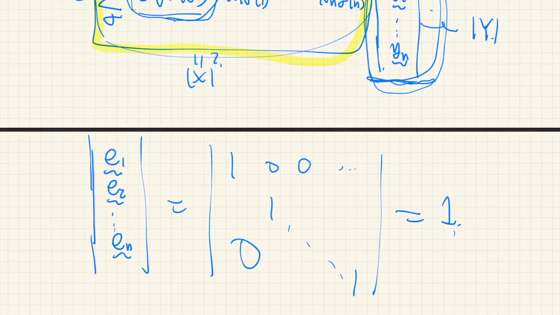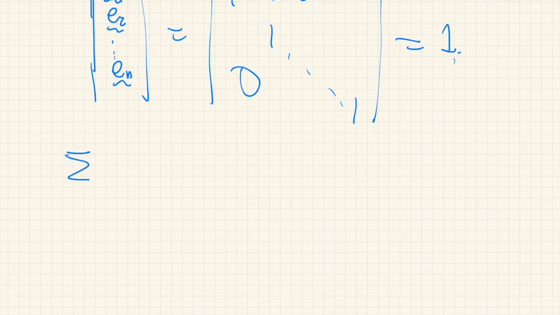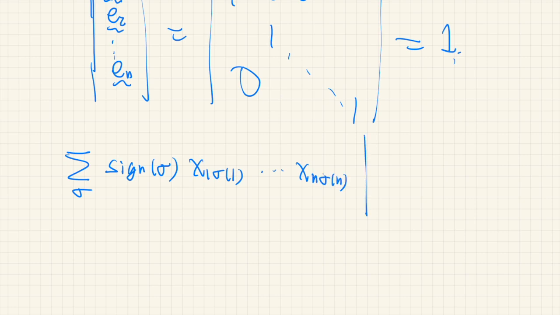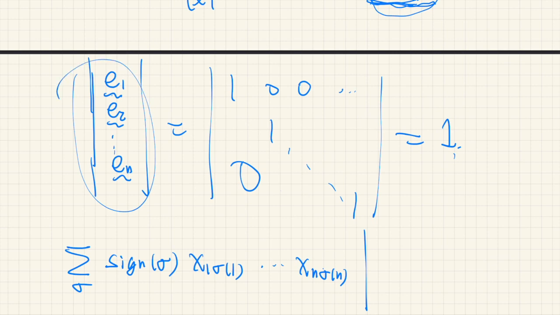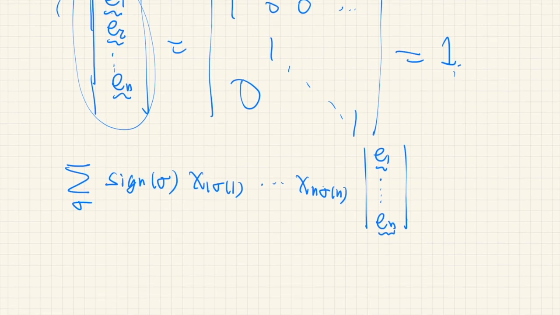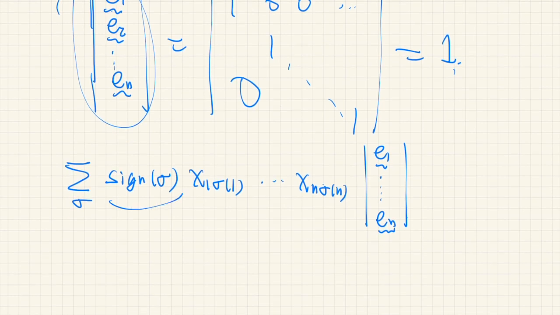So let's multiply 1 to this thing, sigma, and sign of sigma, and x1 sigma 1, and so on, and xn sigma n, times this thing, e1 and en.